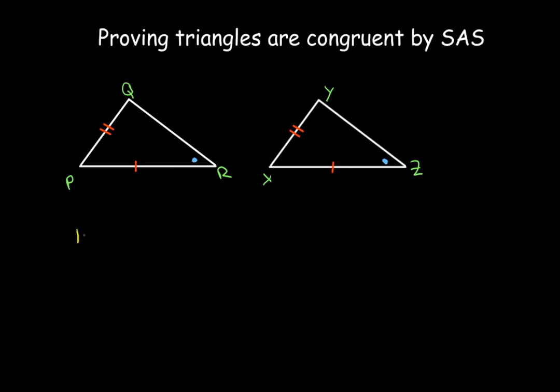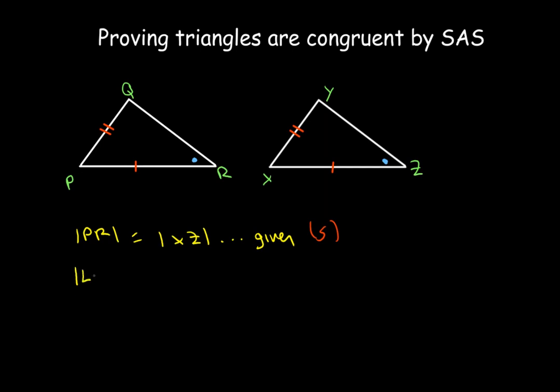So I'm going to start with the side. So the length of the side PR is equal to the length of the side XZ, and that's given. I know the angle is the same, so I'm going to go SAS, so that's the side. Then I'm going to say the angle is the same. So how you already know what the angle is, the measure of the angle.